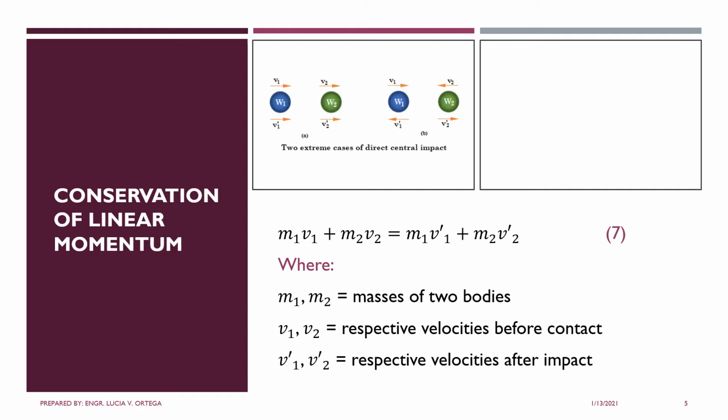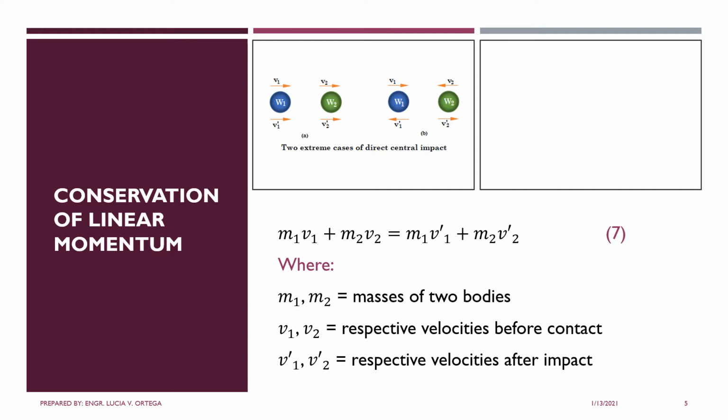This would be the diagram: two extreme cases of direct central impact. First, the two bodies may be moving in the same direction, maybe with different velocities or the same velocities. And then after impact, of course, one of these should be faster, maybe v1.